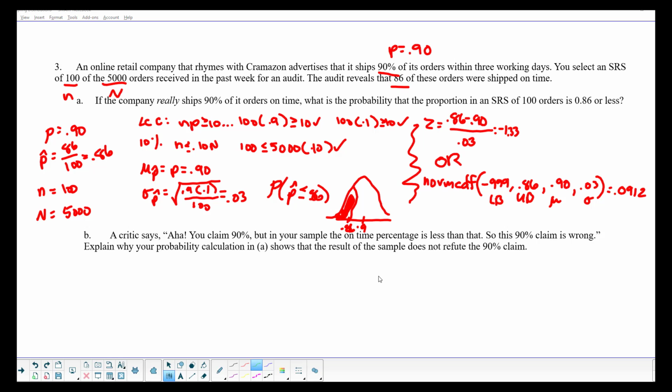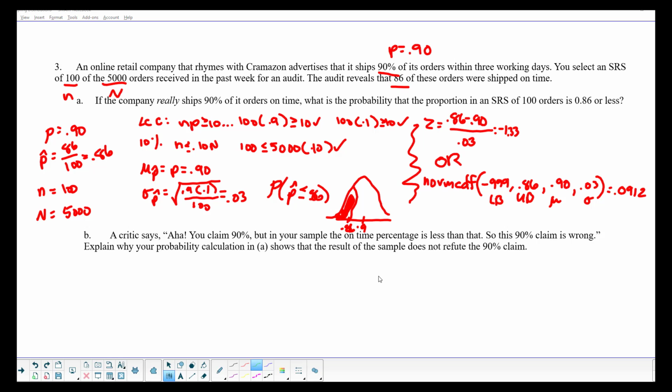Well, here's what we can actually say. If we assume that claim is true, if we assume that 90% really are going out on time, how likely were we to get a sample of 86% go out on time? 9.12%. Now, is that 9.12% unlikely? Yeah, it is low. That is a very low probability. But is it so low that this couldn't have happened just by chance alone?